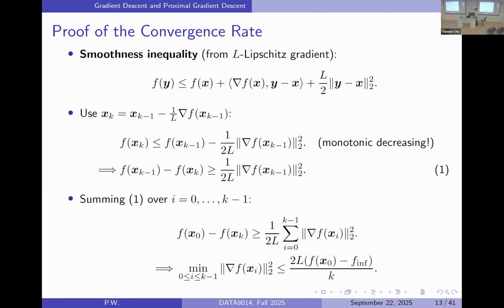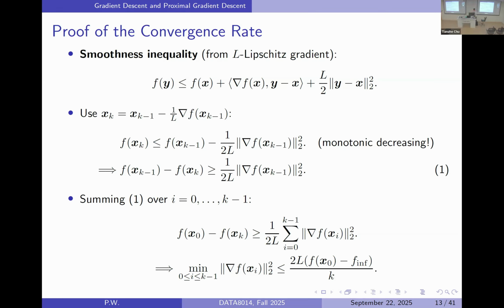The inner product of the gradient of f at this point with y minus x, and further, we introduce this term, the inner product with y minus x, right?